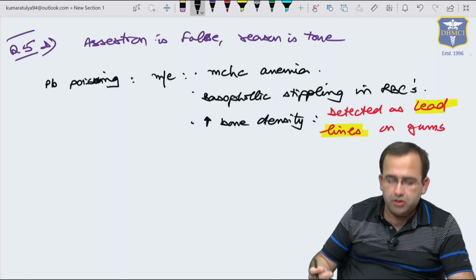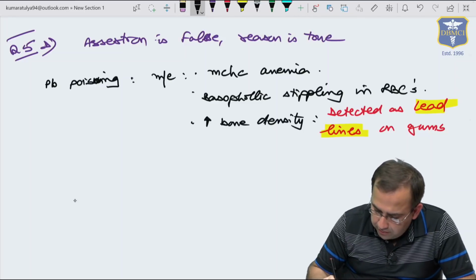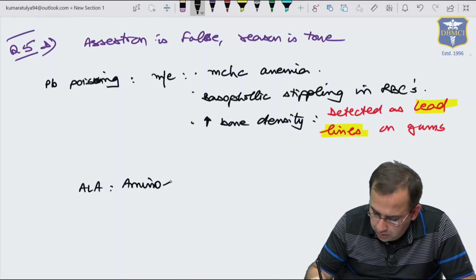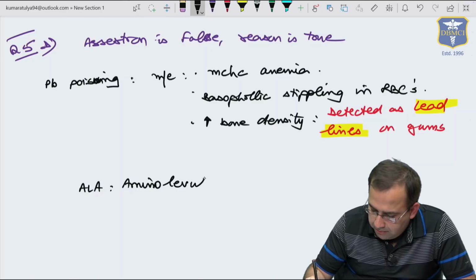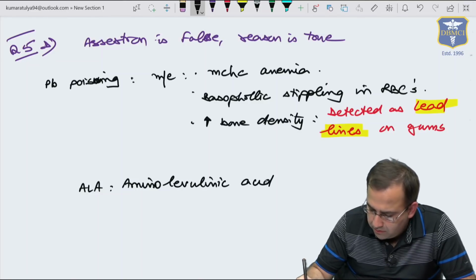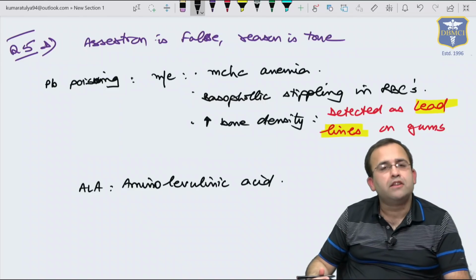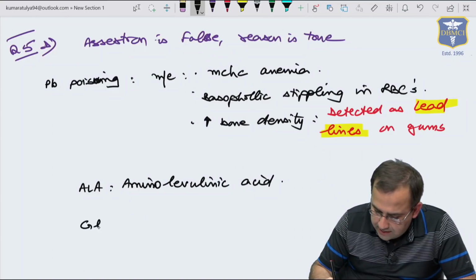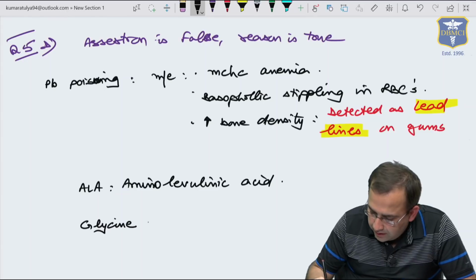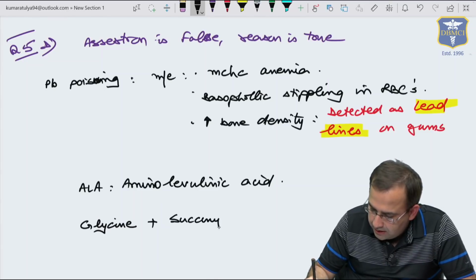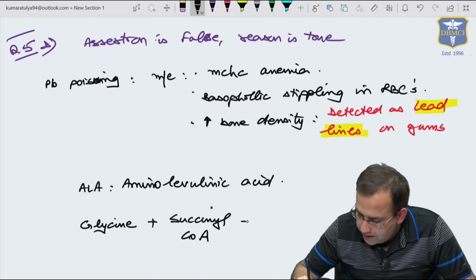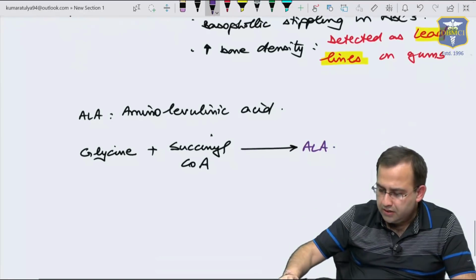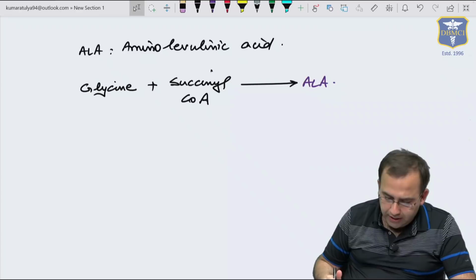Now, what is happening because of lead? See, ALA formation. ALA stands for aminolevulinic acid. You know this from biochemistry. Aminolevulinic acid formation occurs when glycine and succinyl CoA condense together to form aminolevulinic acid.